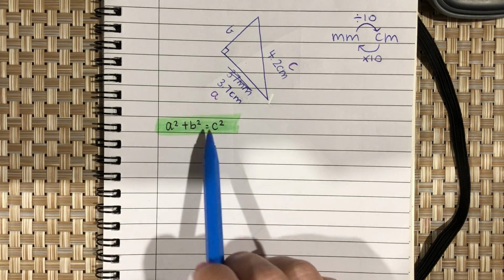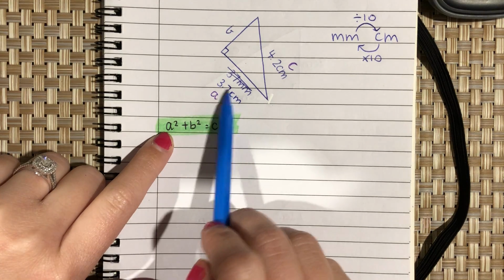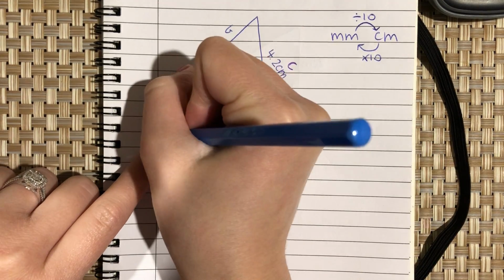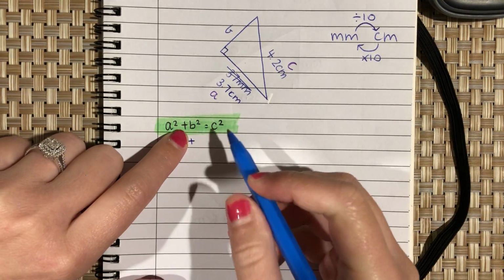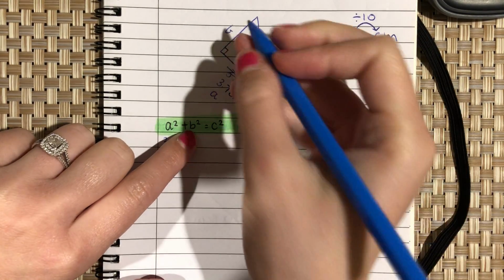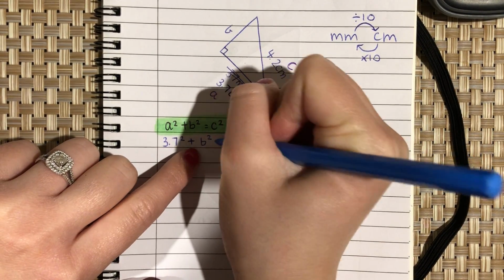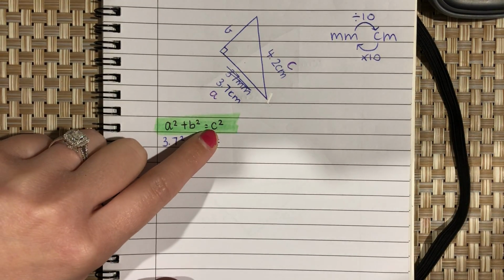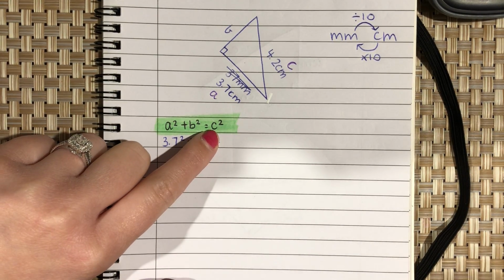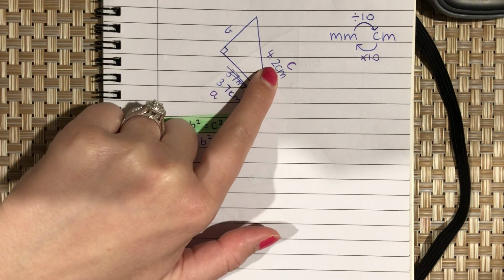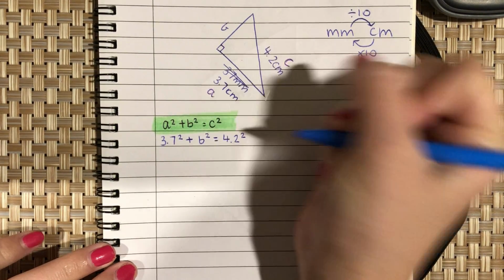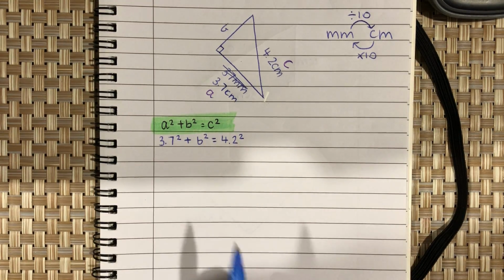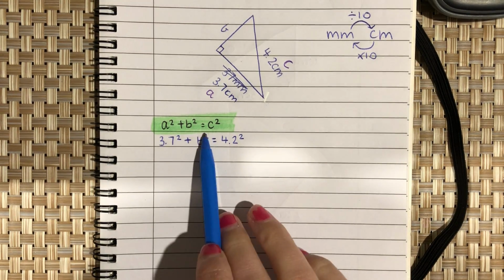Okay, let's go ahead and substitute. Do we have an A? Yes, we do. It's 3.7. So we'll put 3.7 squared plus, the B is unknown, so the B stays as a B, and then equals C squared. Do we have a C? Yes, we do. It's 4.2. So it equals 4.2 squared. Now we want this B to stay.